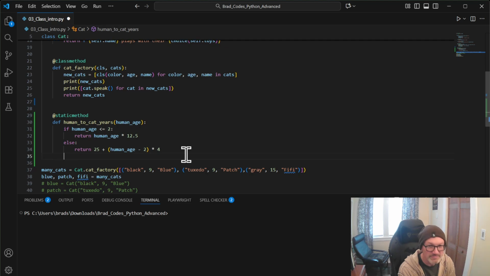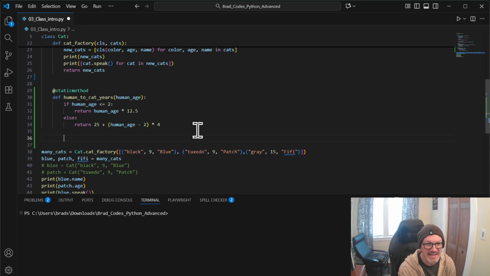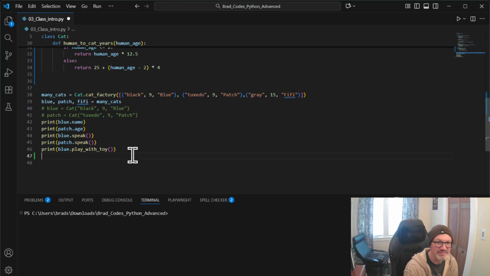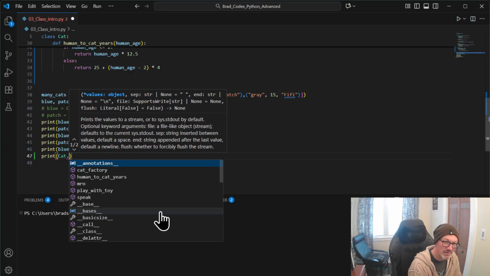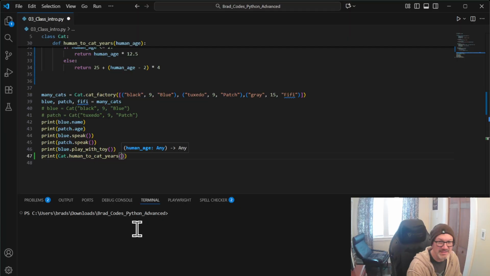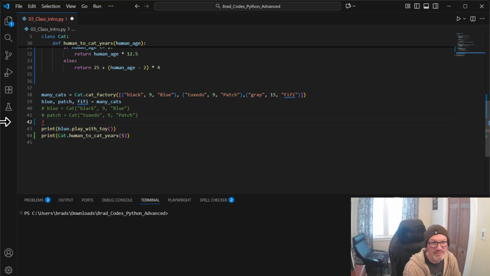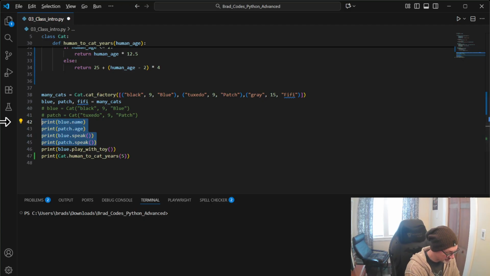Cool. So let's kind of test this out. Down here, again, since it's returning, right, we're going to need to print something out. So let's print cat. Again, we can call on both an instance and the class. So let's do this. Let's put in an age of 5. Let's comment all these out.